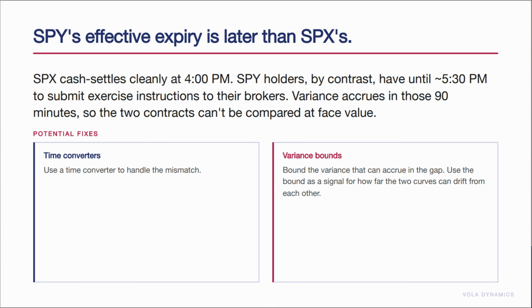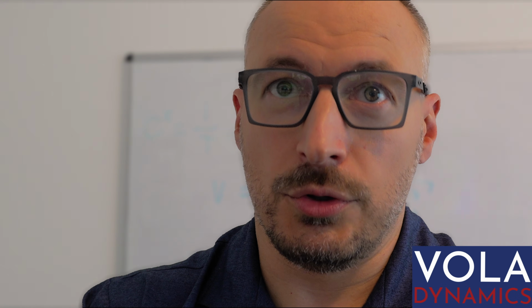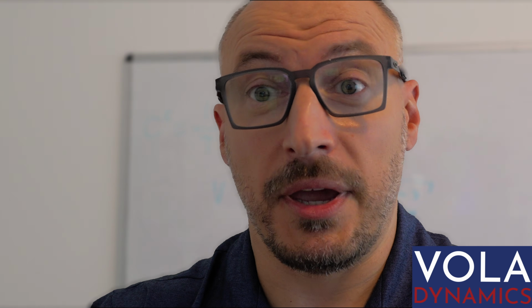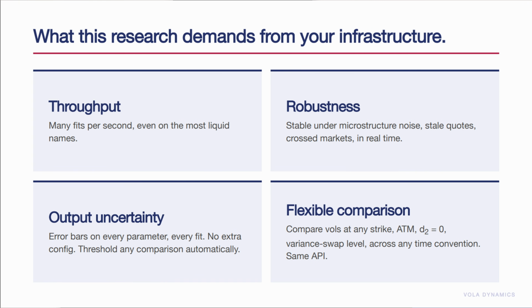You can use time converters to do this, or you can put some upper and lower bounds on the variance that can accrue between SPX and SPY effective expiry, and use that as a signal of how far those volatility curves can go relative to each other. When you do such research, Vola Dynamics makes it easy because the filter is super fast.